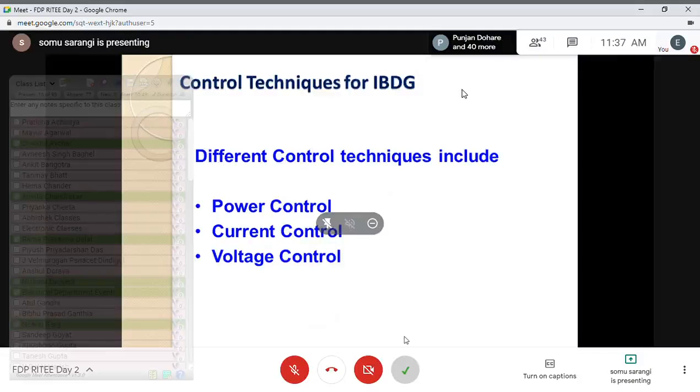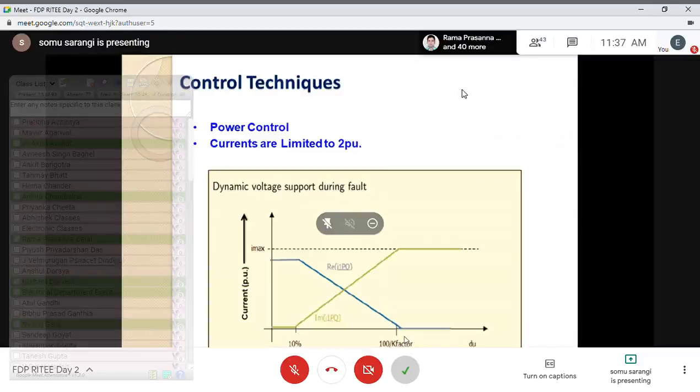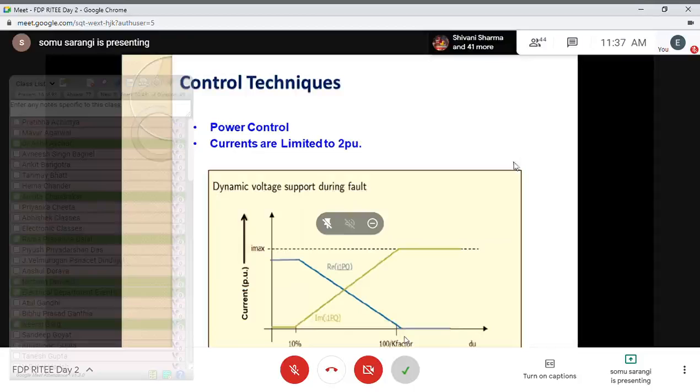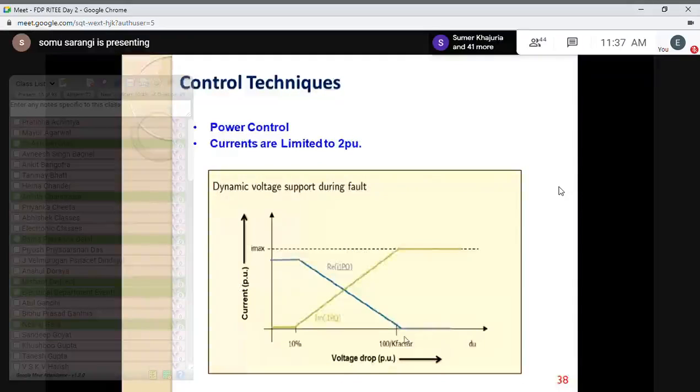So basically, the control techniques available are power control, current control and voltage control. Then we also have dynamic voltage support to maintain the voltage at the different buses. During the normal case, we supply only active power. However, during fault, we try to maintain the voltage. If you observe the blue line, that is ID, which is decreasing during fault, and the other line, which is IQ, is increasing during the fault.